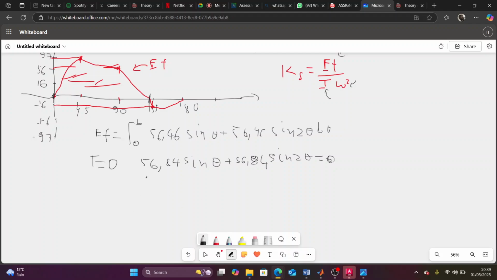Okay, Andile. Now, if we have to solve this, we're going to have 56,84 sine theta plus 56,84. Do you know what is sine 2 theta, right?